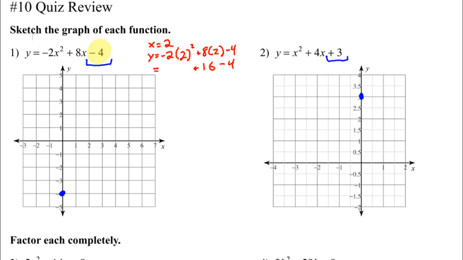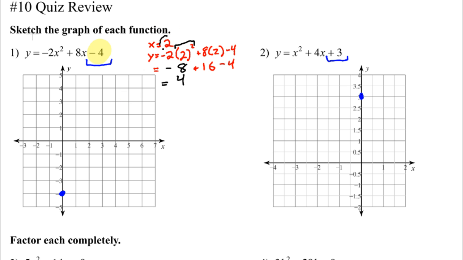We had to be careful to do the exponents first. So that's 2 to the second, which is 4. 4 times negative 2 is negative 8. Then 16 minus 8 is 8. 8 minus 4 is 4. You get an answer of 4.